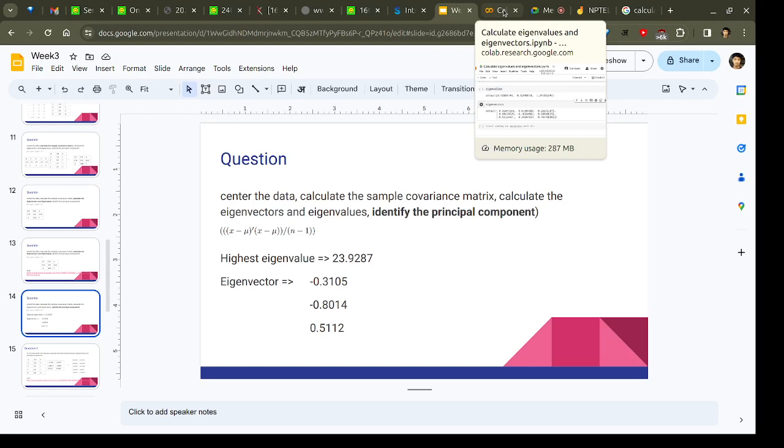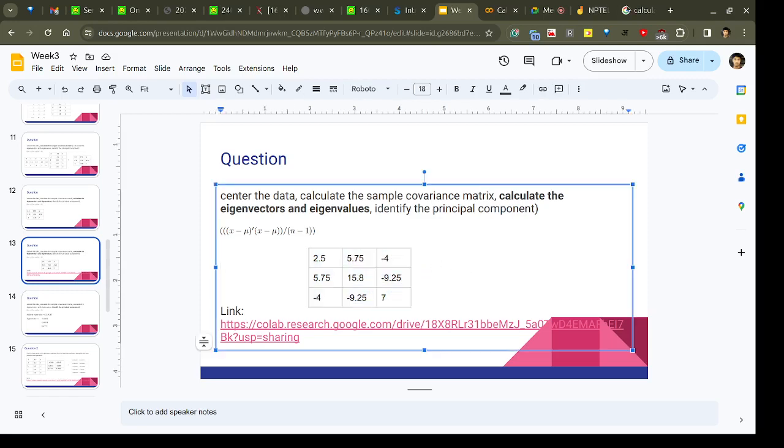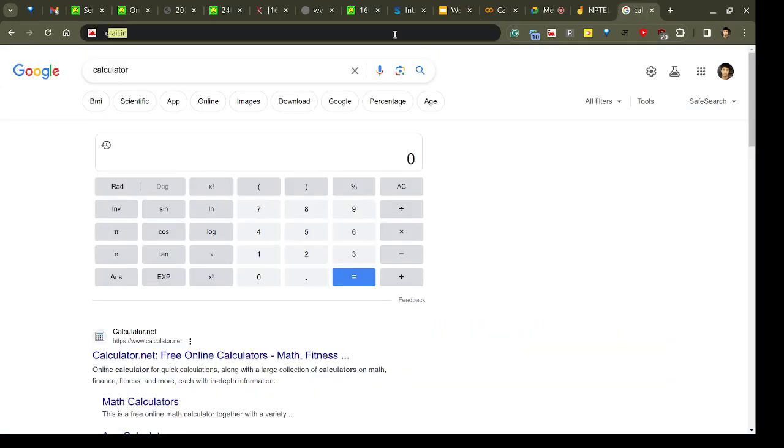This is part of linear algebra. Given a matrix, you don't need to consider anything else, you just consider this as a matrix, and you have to calculate the eigenvalue and eigenvector of this matrix. You can do it by hand with the formula, and I'll show the formula also.